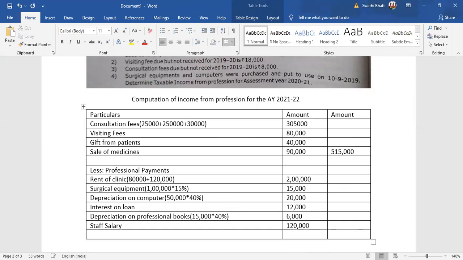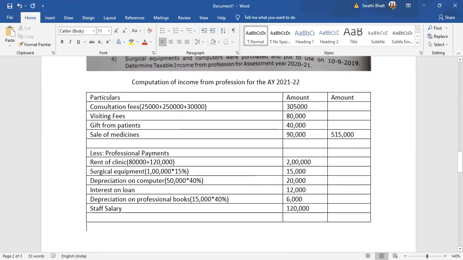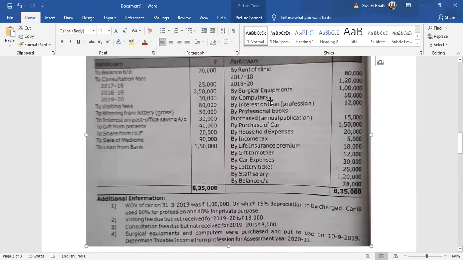The final one is related to your car. Now remember, with respect to that of car, if you look at the car here, he has purchased the car and the purchase price of the car is 1,50,000. Now please remember, purchasing a car is a capital expenditure.